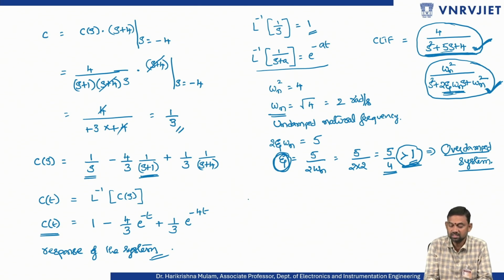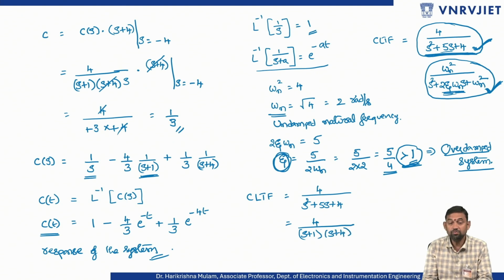The other way is that the closed loop transfer function is 4 by s square plus 5s plus 4, and if you write the factors of the denominator polynomial, it is s plus 1 into s plus 4.